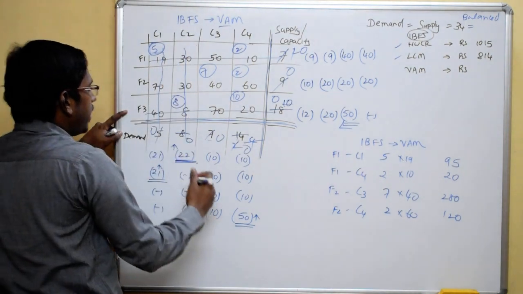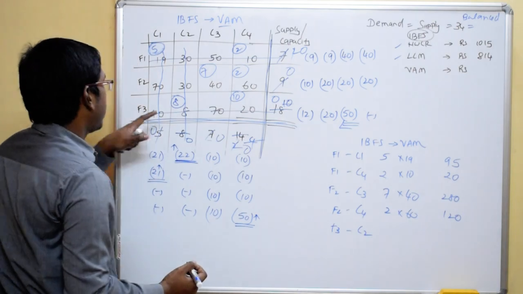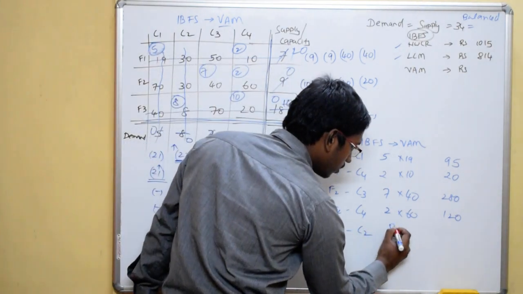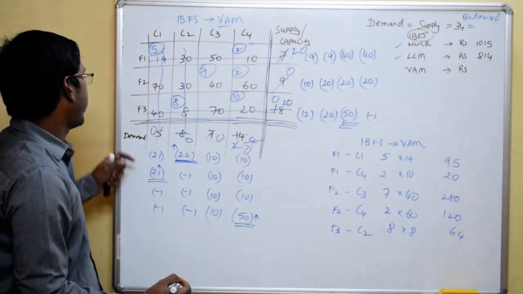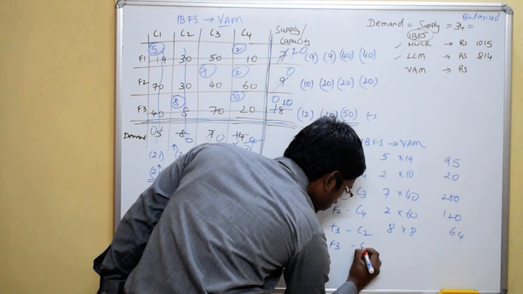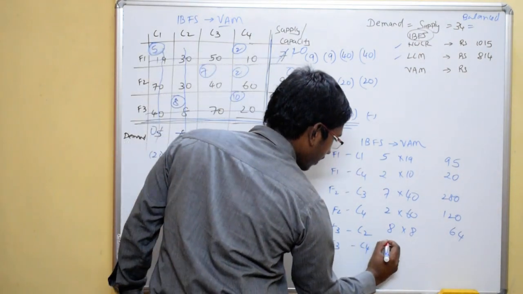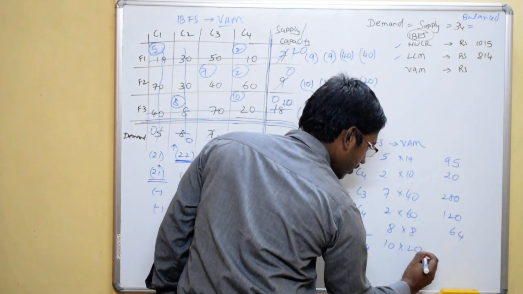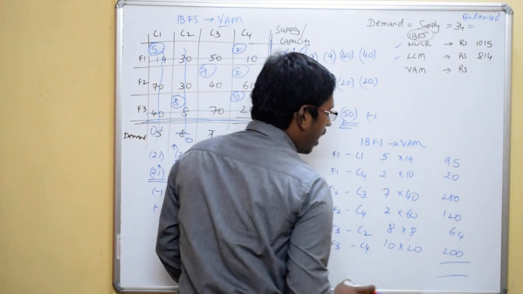F3 to C2 is 8 into 8, 64. And finally F3 to C4 is 10 into 20, which is 200. Let us now add up the cost.